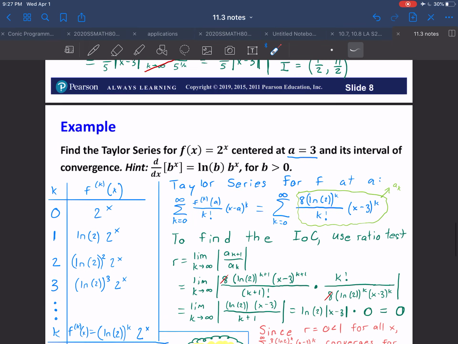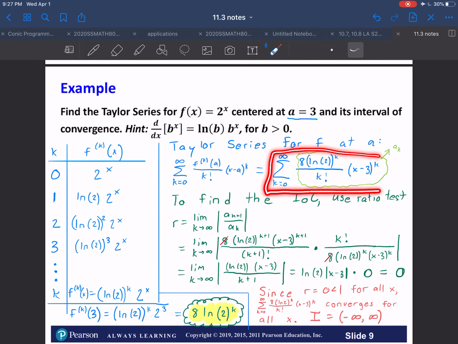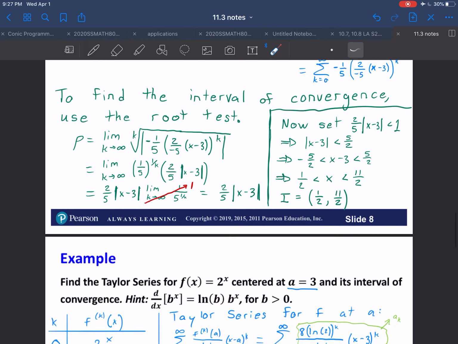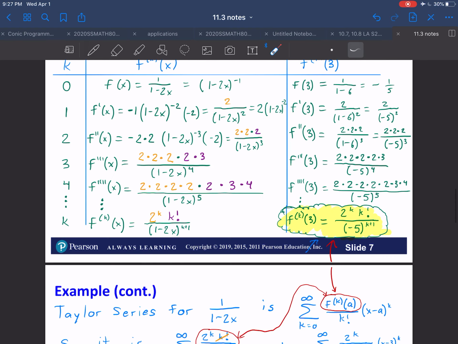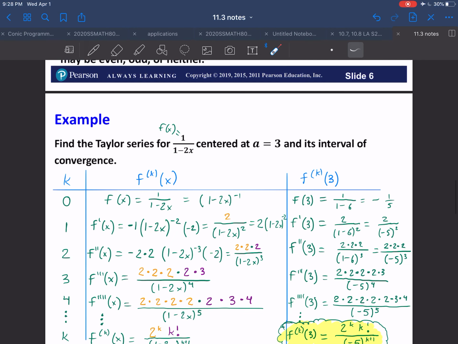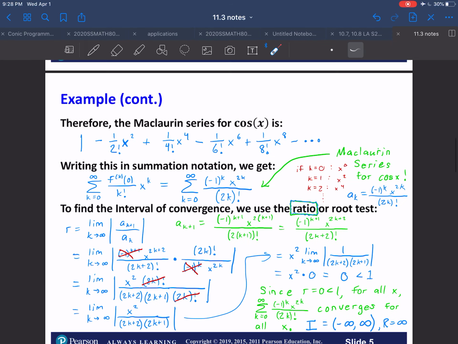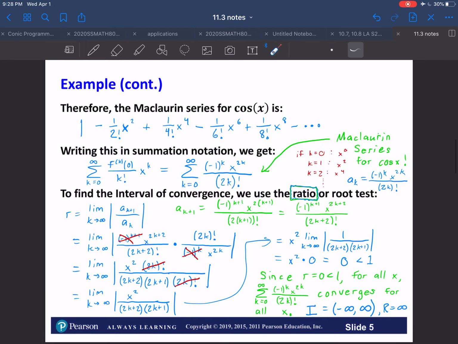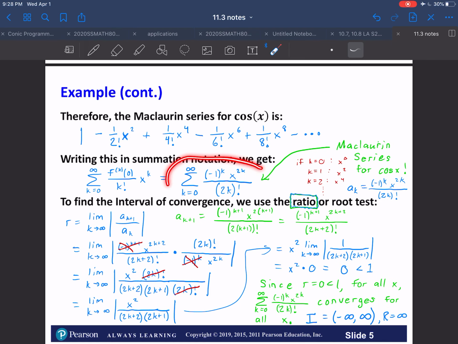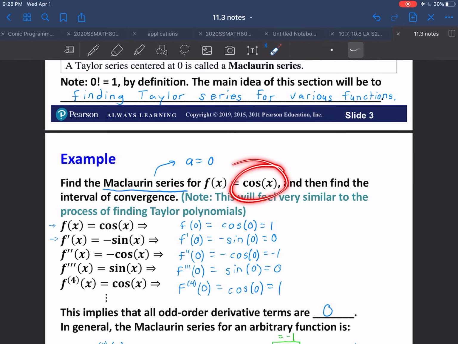And in fact, in both of these examples, this Taylor series is exactly equal to 2 to the x. And this Taylor series, right here, is exactly equal to 1 over 1 minus 2x. And in this example, the Maclaurin series is exactly equal to cosine of x.